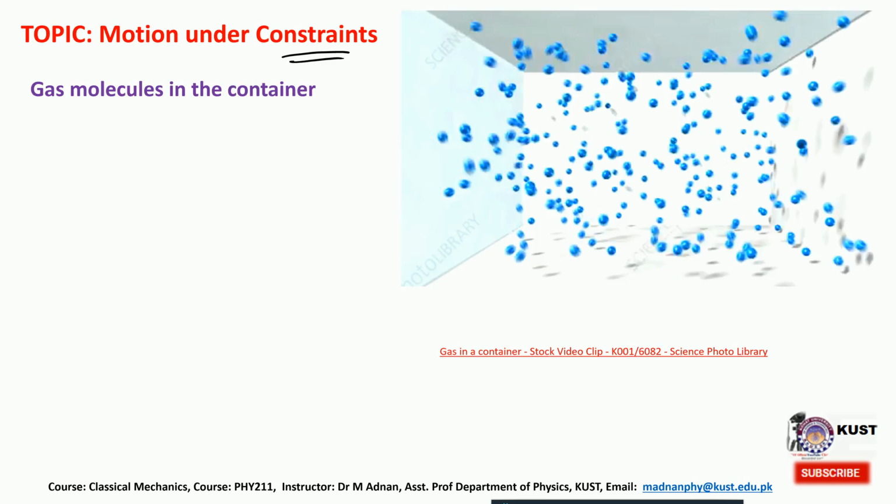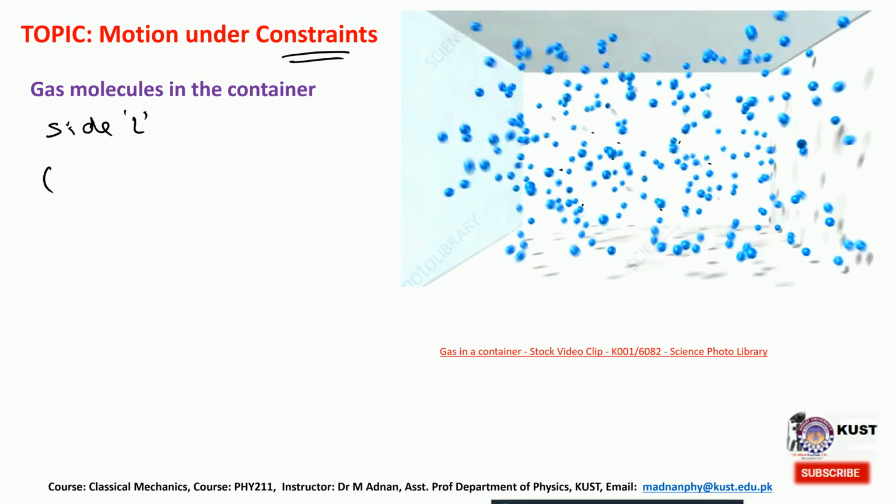Now we want to see another example of the constraint, and that is the gas molecules inside a container. So we have this container of, let's say, side L, that is, this is a cubical container in which we have these gas molecules.